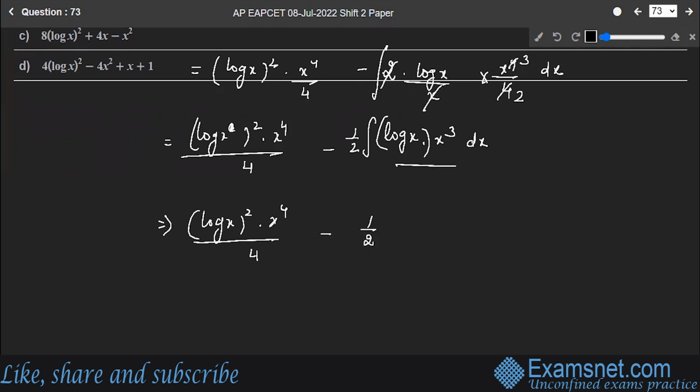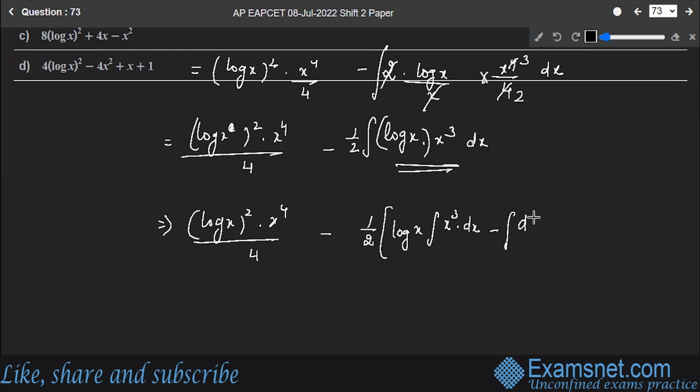So log x square into x raised to power 4 upon 4 minus 1 by 2. Now again, I'll be solving this whole thing using integration by parts. So have patience. Log x, integral of, this has to be done really carefully because a slight mistake at any step can ruin the whole sum, right?